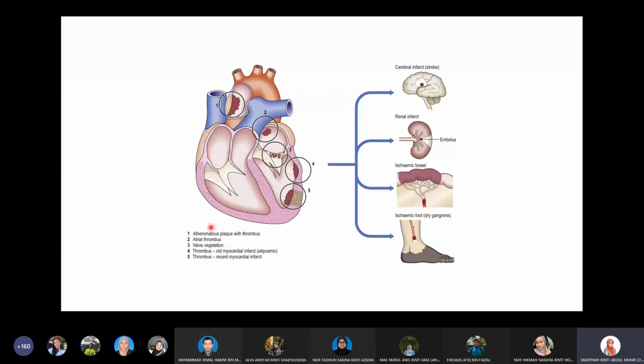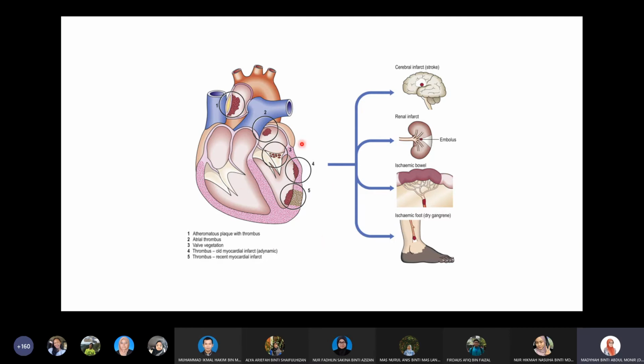There are multiple areas in the heart where you can develop thrombus. Here is an example of atheromatous plaque with thrombus, which you will learn later in the next topic. It can occur in the atrium. When there is thrombus on the valve, we call it vegetation.